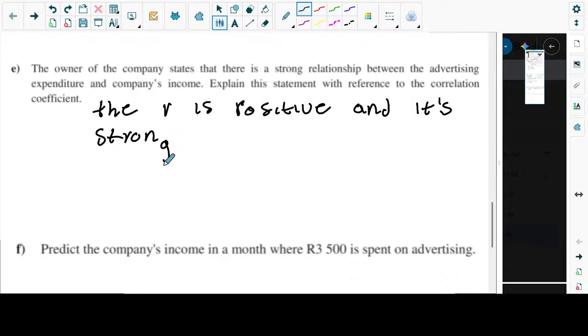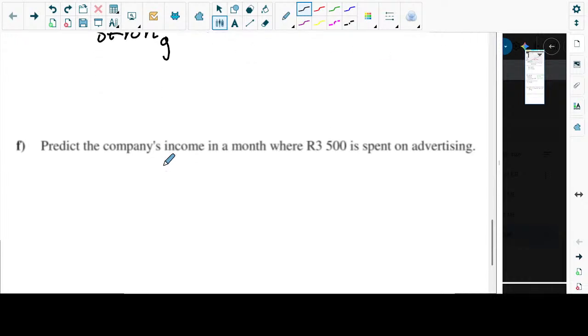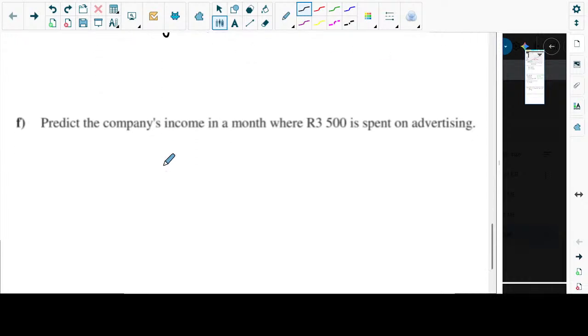The next question says, predict the company's income in a month where 3,500 is spent on advertising. Very important, guys, we need to check something here because this is where we lose some marks. How much are they spending on advertising? 3,500. Is it within our range?